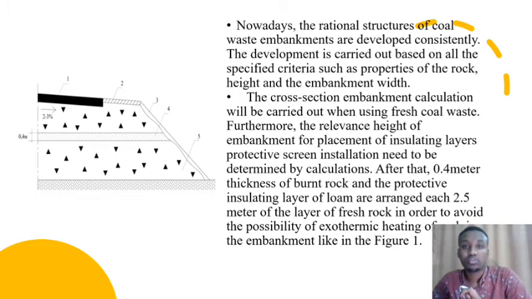After that, a 0.4 meter thickness of burnt rock and a protective insulating layer of loam are arranged every 2.5 meters of the layer of fresh rock, in order to avoid the possibility of exothermic heat of the rock of the embankment, like shown in the figure.